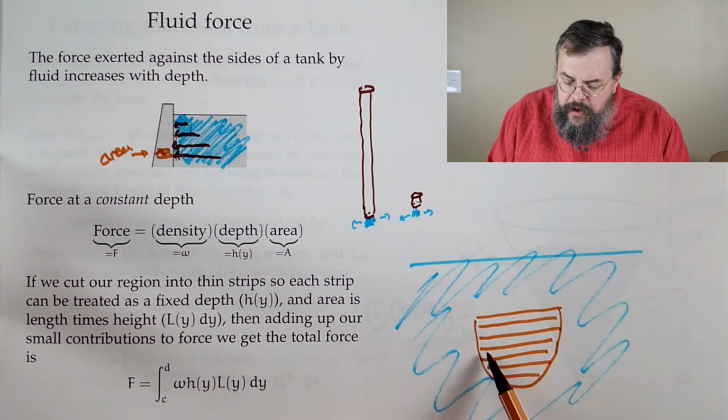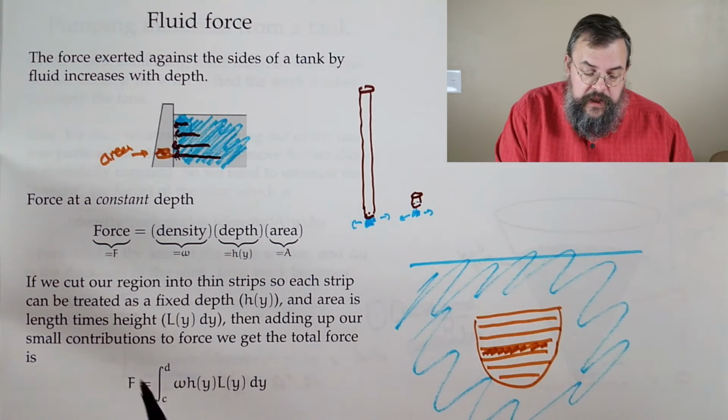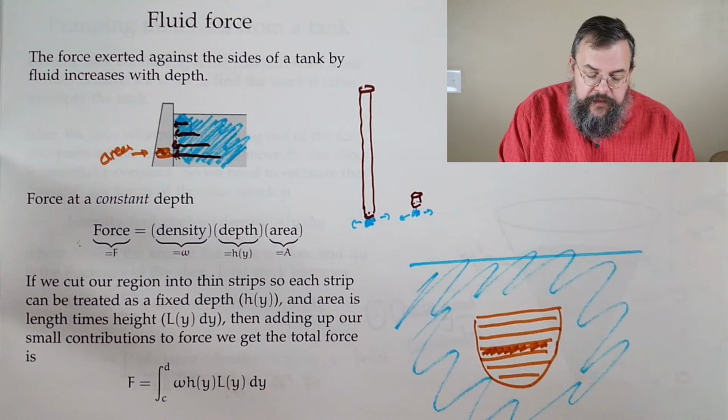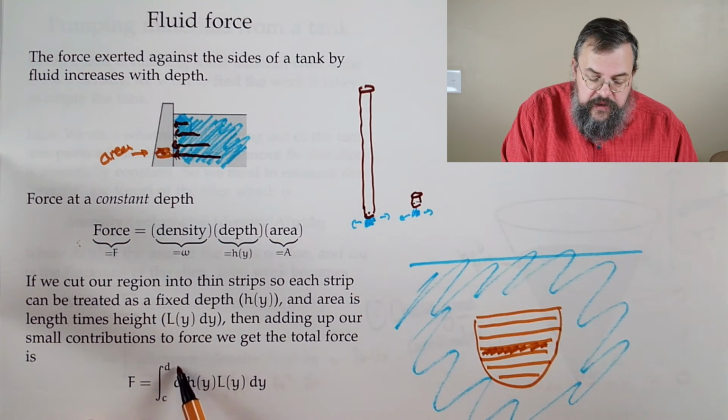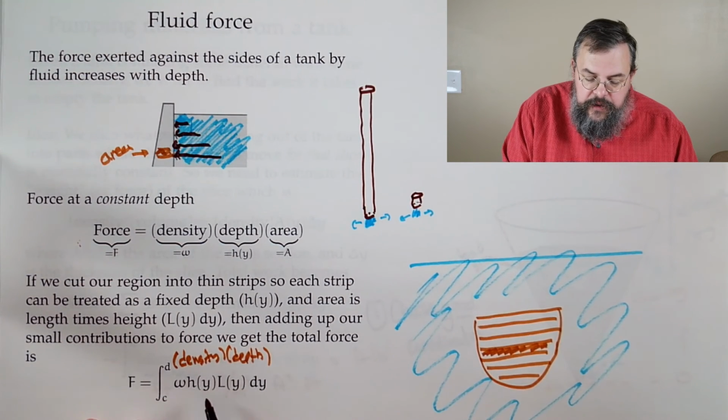We can figure out what's happening for any single part. That's our generic formula. We have our density, that's our little omega here, then we have our depth, and now we have to do our area.